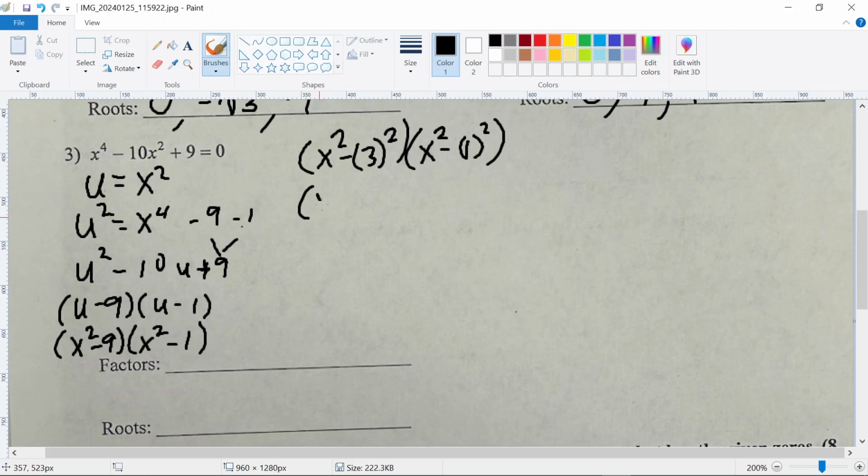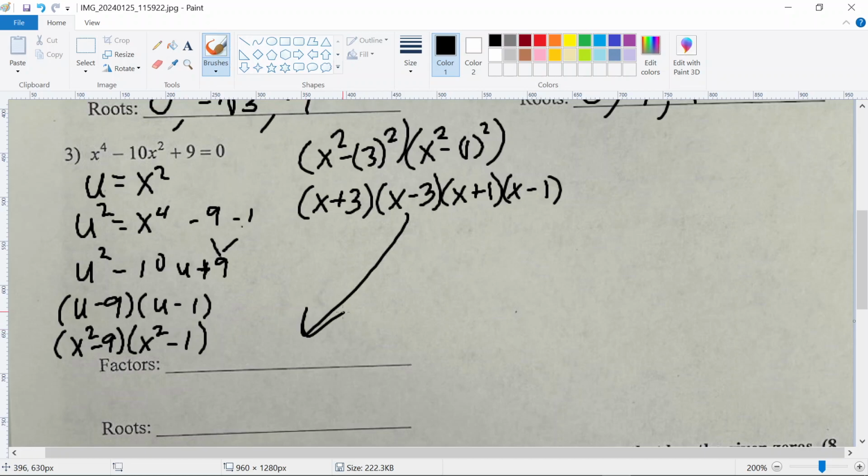So this is x plus 3, x minus 3, x plus 1, x minus 1. You have to know difference of 2 squares: a squared minus b squared is a plus b times a minus b. So those are the factors. To get the roots, flip the signs. Well, it's plus or minus 3, plus or minus 1. Those are the roots.